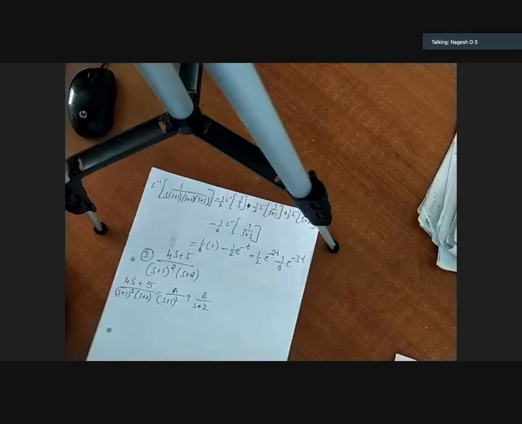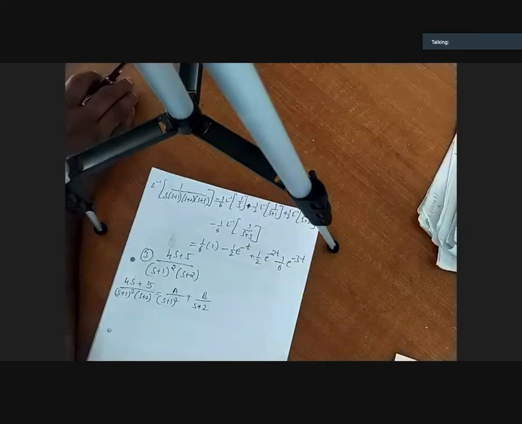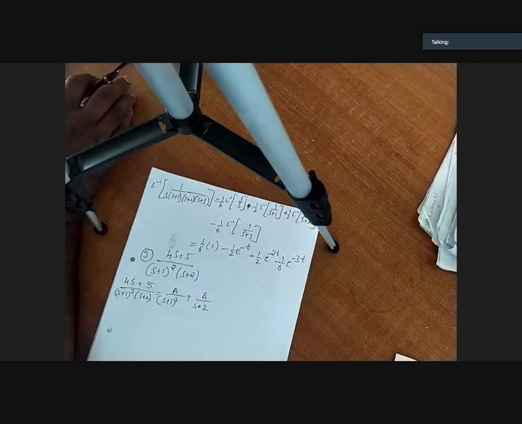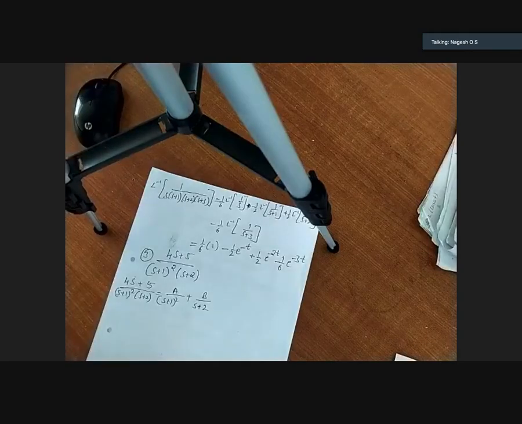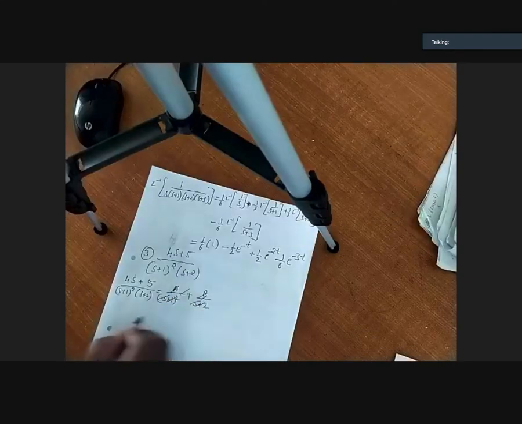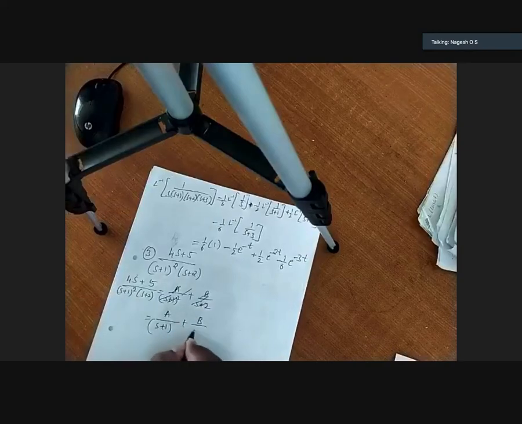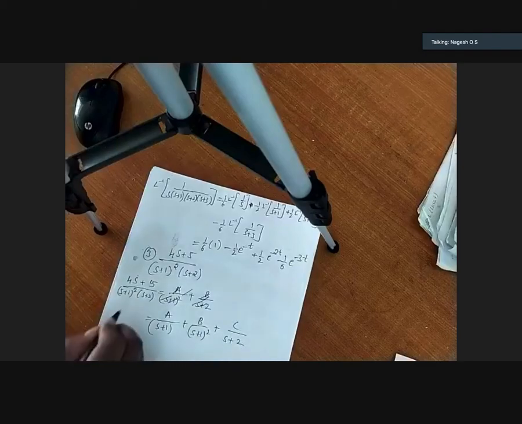No, this is not correct. Since we have a square, this is a by s plus 1 plus b by s plus 1 whole square plus c by s plus 2. Now this is correct.